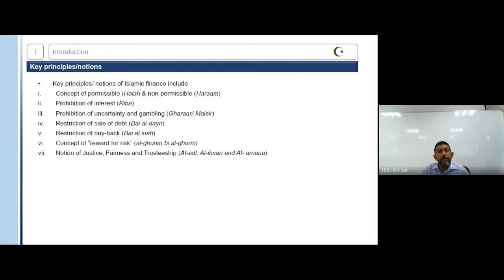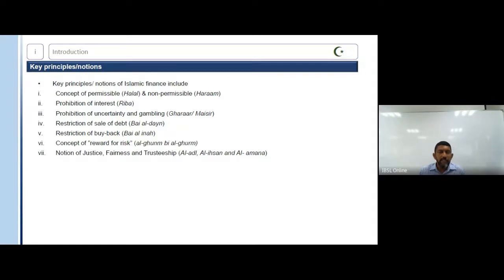So the third principle is prohibition of uncertainty, which means lack of clarity or ambiguity in contracts.